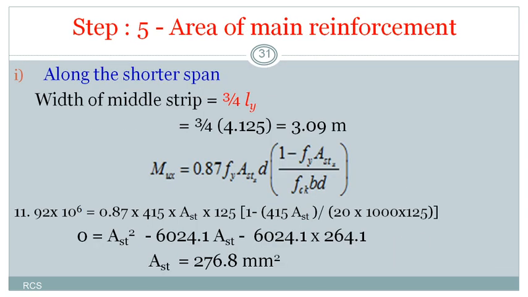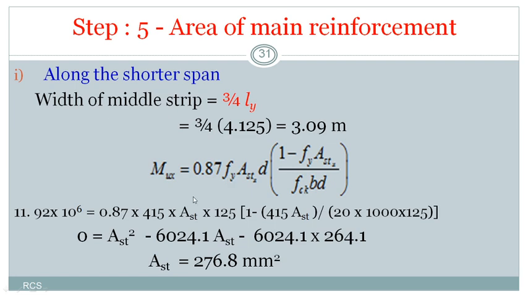Then we have to calculate the area of main reinforcement along the shorter direction middle strip and longer direction middle strip. In the shorter direction, the width of the middle strip will be 3 by 4th of Ly, that is 3.09 meters, and Mux equal to 0.87 fy Astx d into 1 minus fy Astx by fck b d.